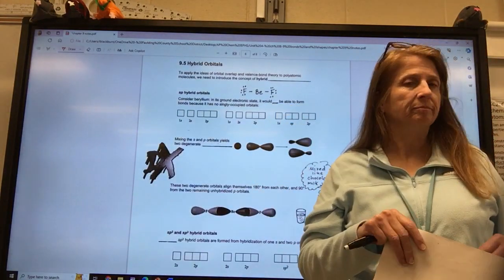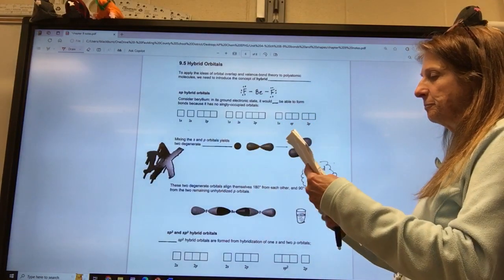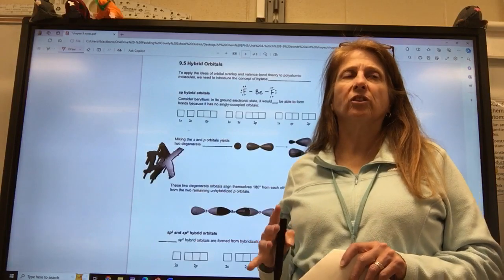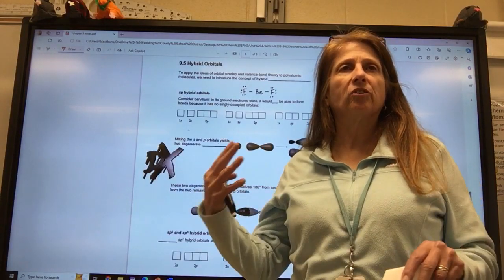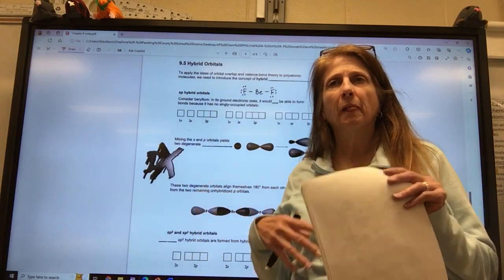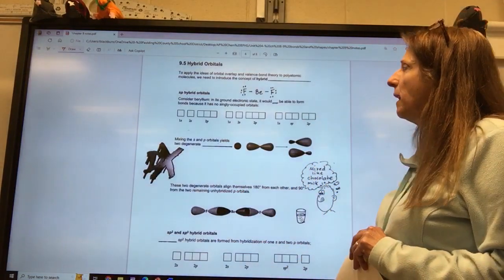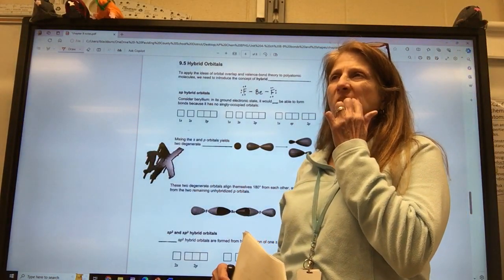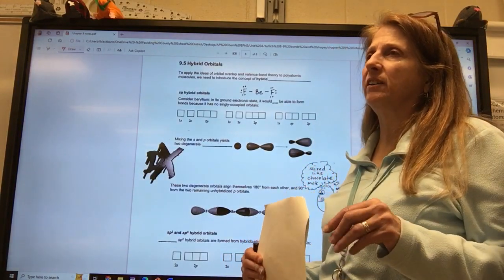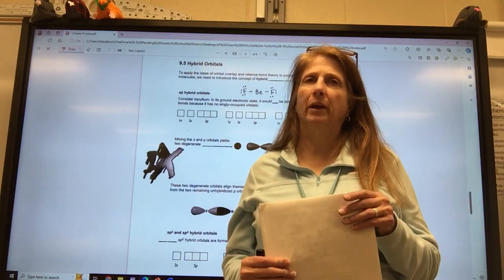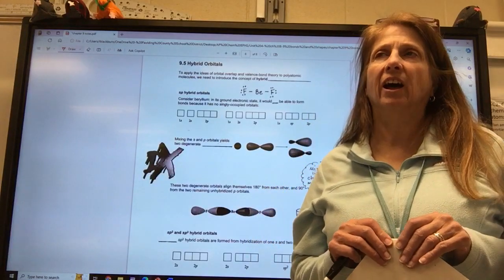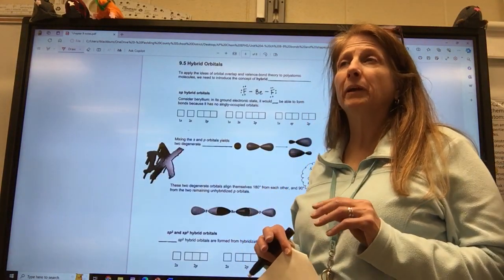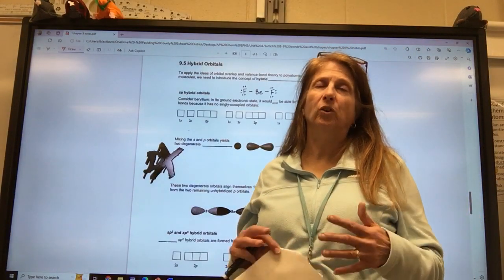9.5. Hybrid orbitals. Now, I introduced this concept. I like to introduce concepts and then kind of circle back to them, reinforce them, spiral a little bit. And I told you before, when we were talking about the electron dot diagram for carbon and why there's one on each side, when you would think there wouldn't be, it's because they like the half-full kind of thing.